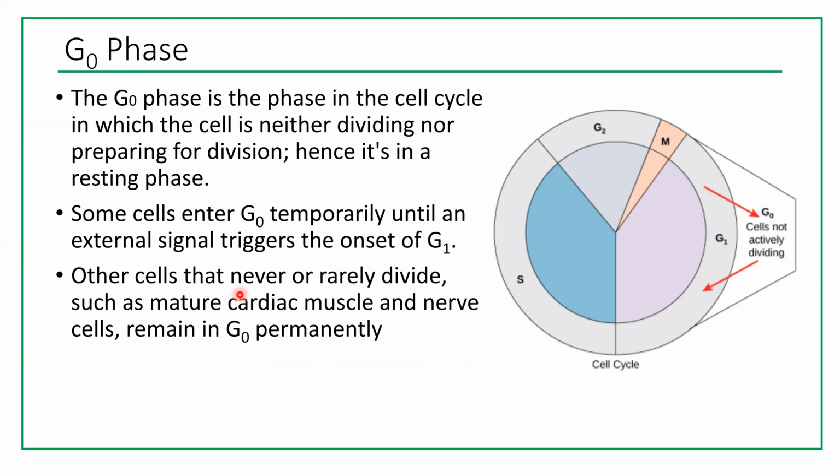Other cells that never or rarely divide, such as mature cardiac muscle and nerve cells, remain in G0 permanently. Right? So not every cell in your body will divide, and if cells don't divide, they just enter this G0 phase, resting phase.